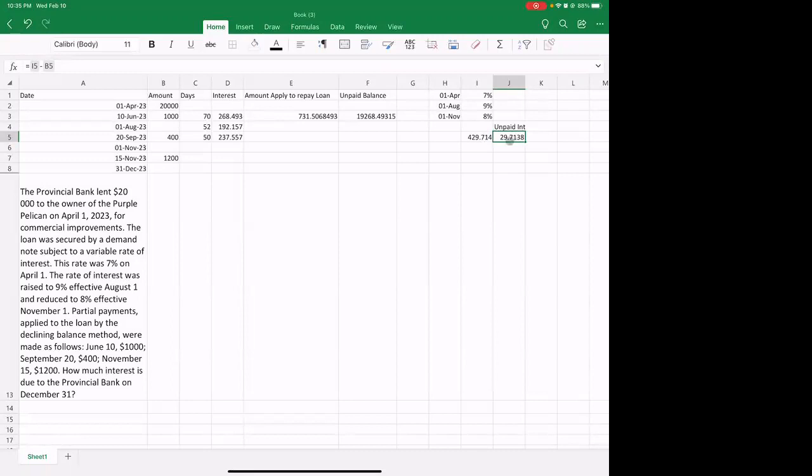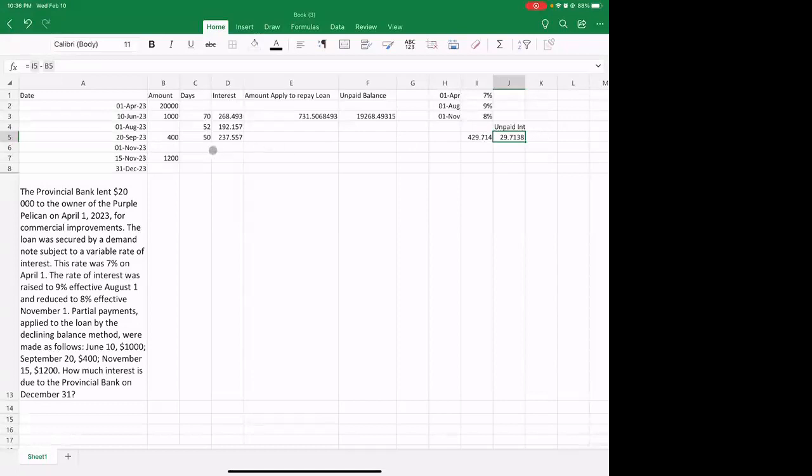Now look at this payment here. So unpaid interest from September 20 to November 1st, because November changed the interest.